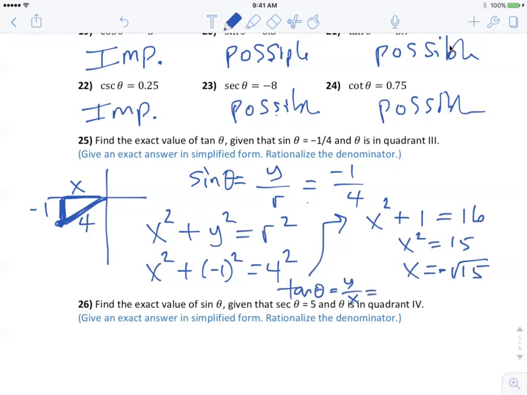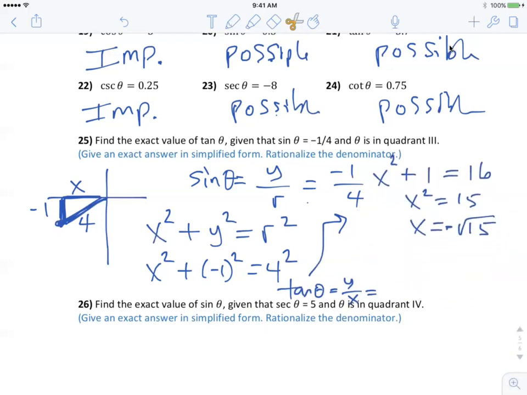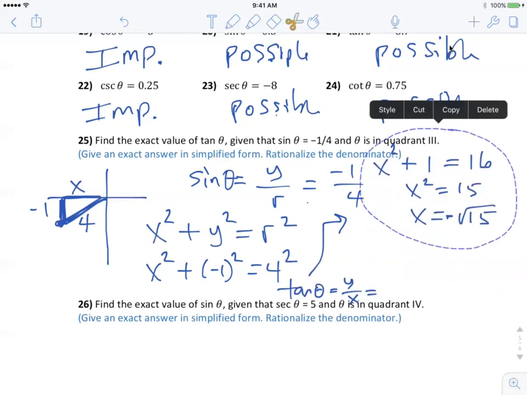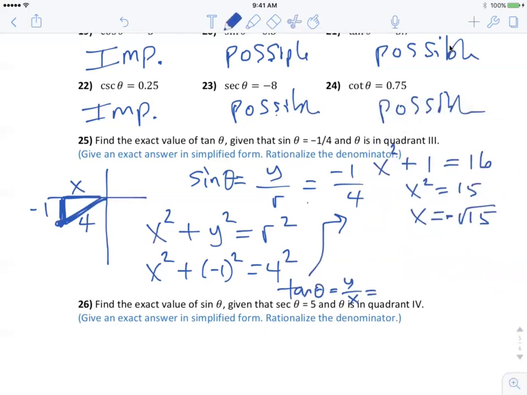Let's move that up a little bit. Use some fancy technology, give myself some room. Okay. Tangent, y over x, is going to be: y was what? -1. And x, we just found, negative root 15.